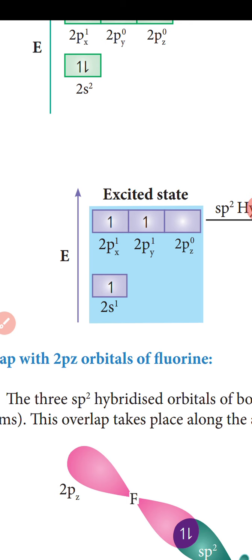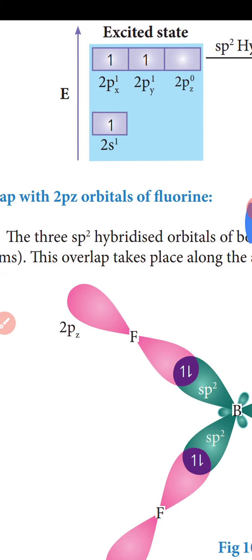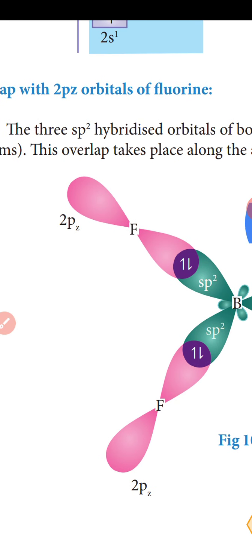In boron, the s orbital and two 2p orbitals in the valence shell hybridize to generate 3 equivalent sp2 orbitals. As shown in the figure, these 3 orbitals lie in the same xy plane and the angle between any 2 orbitals is 120 degrees.